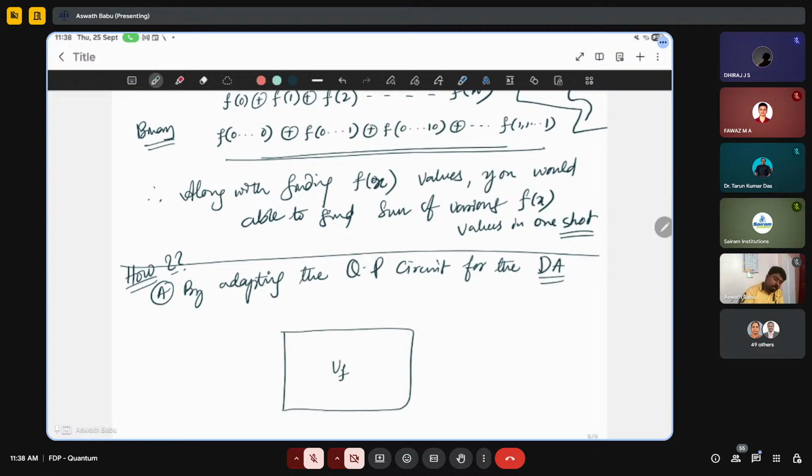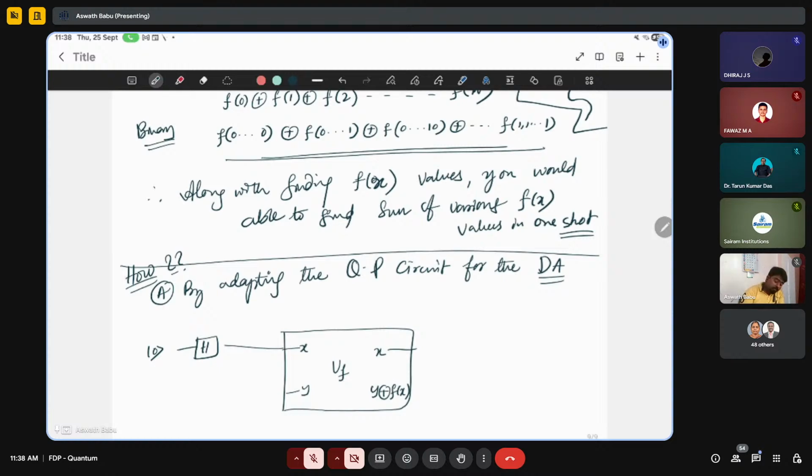As we know, it takes x, takes y, sends x as it is, but y is getting added up with f of x. We know that. And we will have a Hadamard gate here.